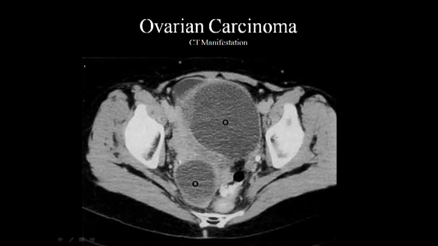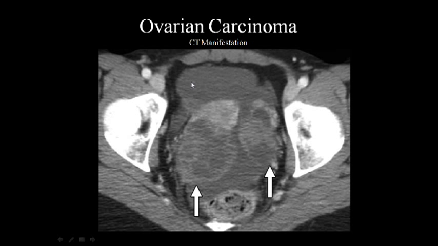So here we see, we've got them labeled one ovary and another ovary, and we see that there is a septation here, and there's all of this haziness, fatty deposits there, and this is what really gives us the clue that potentially this is a carcinoma along with this septation. That's really all that we can tell that might give us some indication here.